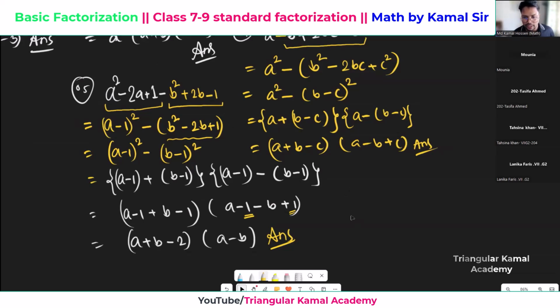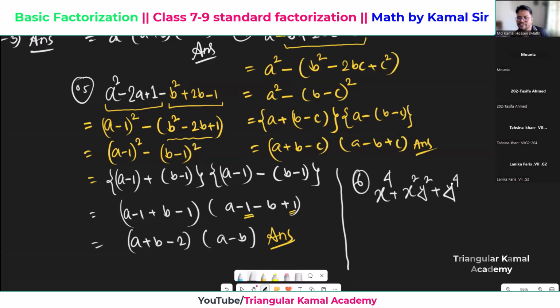So now it's your time to answer. This is number 6, advanced maths: x to the power 4 plus x square y square plus y to the power 4. Is it possible? Anyone?